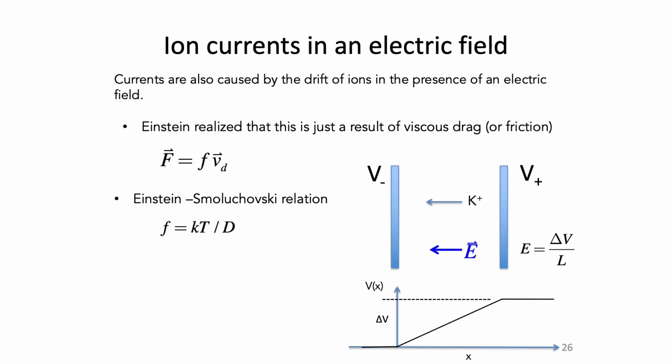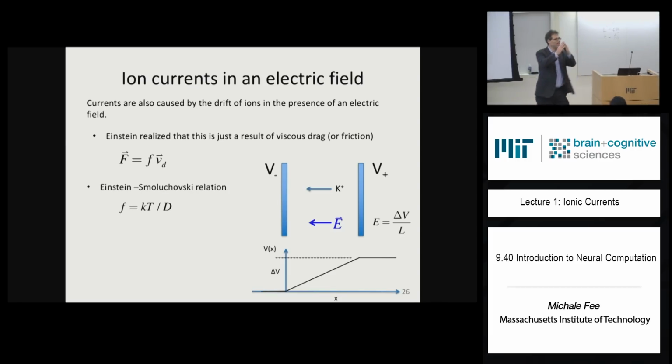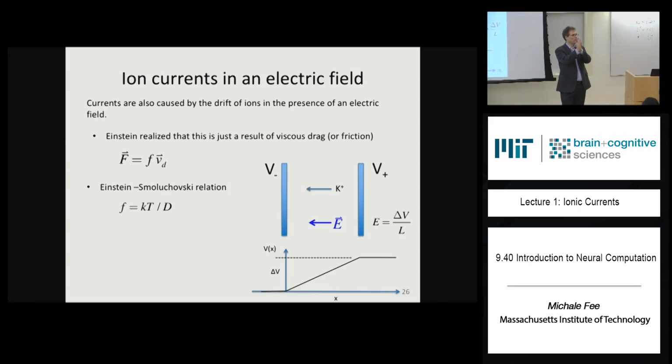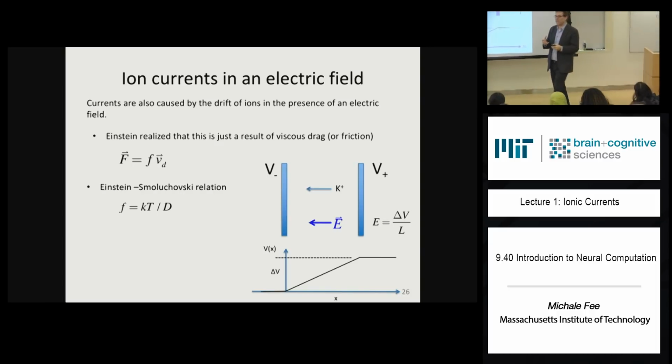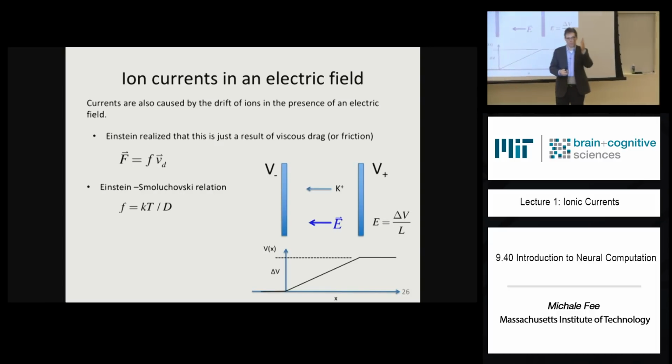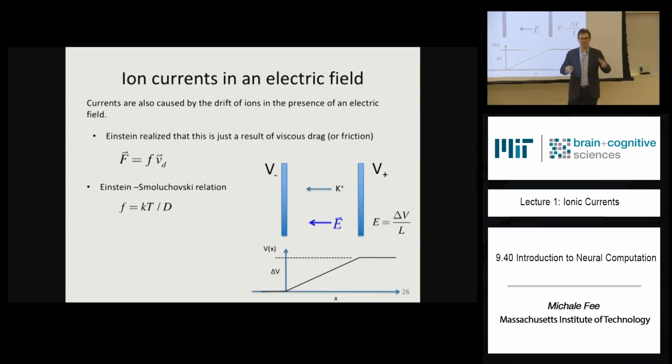So if you go through that same analysis of calculating the mean of the distribution, what you find is that the mean moves linearly in time. But it's also very intuitive, right? You're in the swimming pool, you put your hand in the water, and you push your hand with a constant force. What happens?